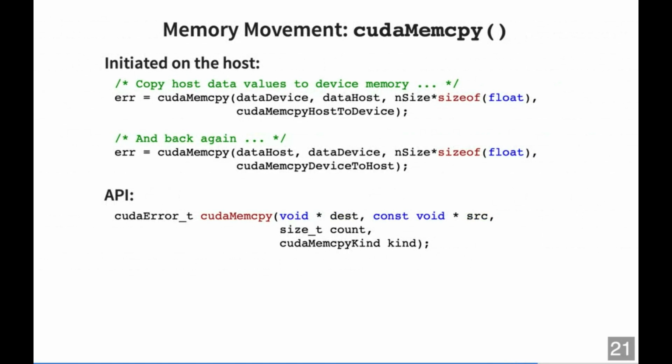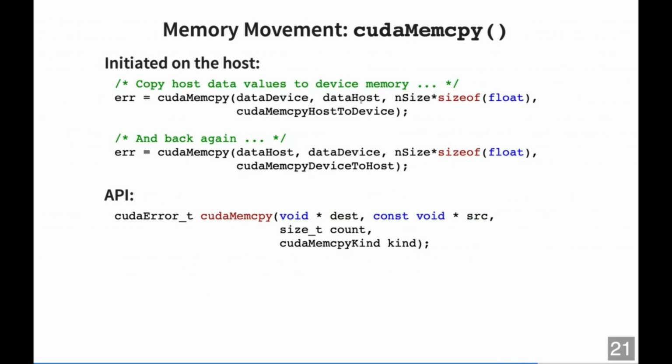So if you think back to that picture we had at the start, I said we have to worry about moving data between the host and device. One does this explicitly using this cudaMemcpy function. It takes 4 arguments. The first 2 are the destination, in this case the device pointer, and the source, a host pointer.